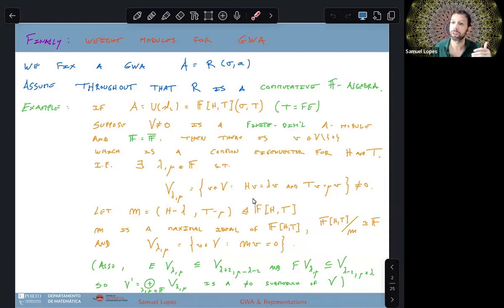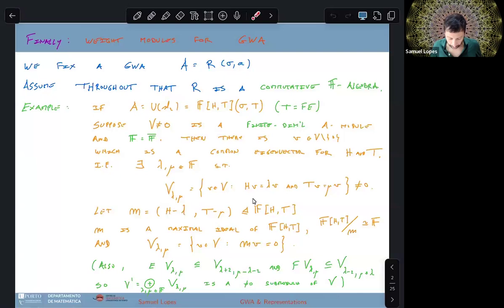So another way of formulating this, which is a little bit more abstract and will be convenient, is to look at this common eigenspace as the set of vectors in V which are killed by this specific maximal ideal of this polynomial ring in two variables, which is a maximal ideal of R.